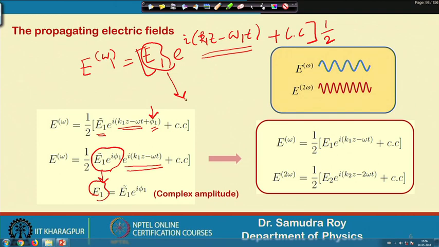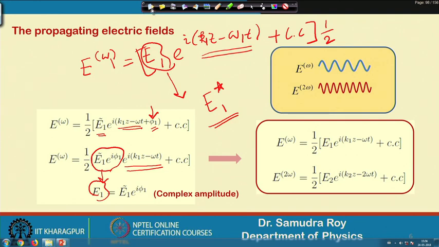So, in the future we may have a term like E1 star. This gives you the idea that E1, which is essentially the amplitude, may have some phase associated with it. That is why it is complex.